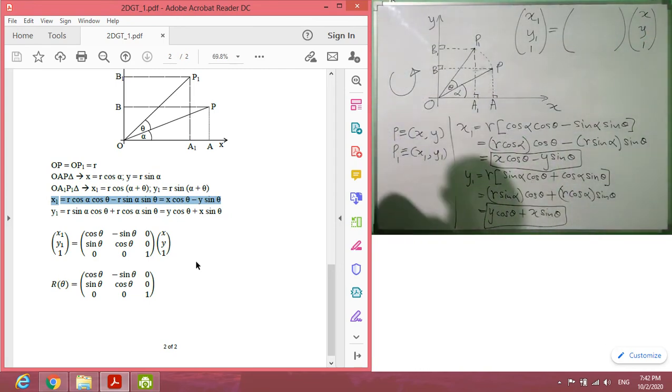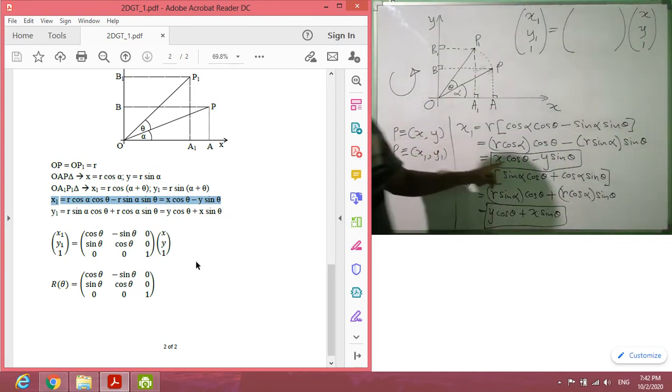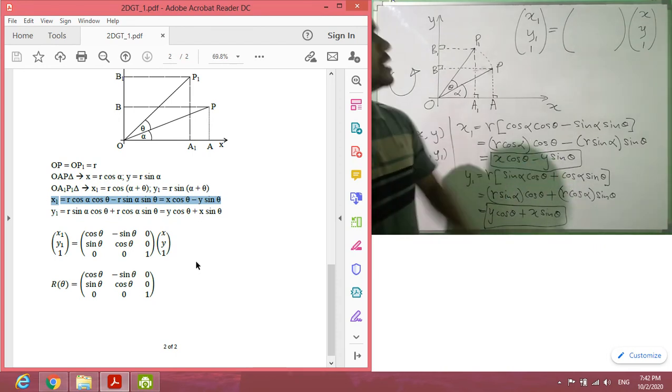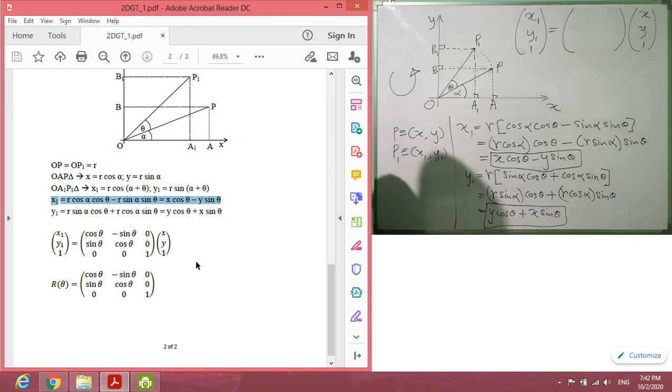Now here for x1 we have to form x cos theta minus y sin theta.